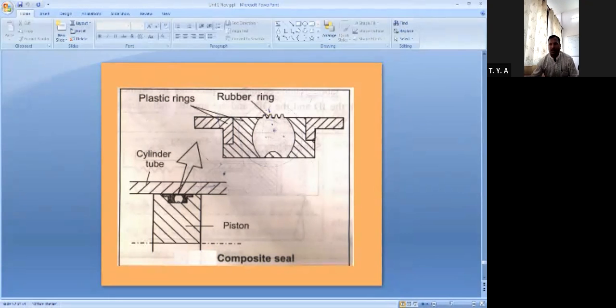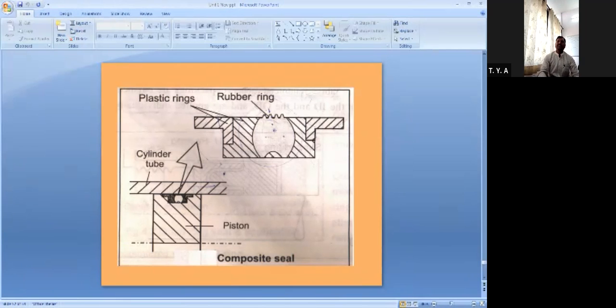You can see this is 1, 2, 3, 4. These are the 4 plastic rings. One central rubber ring and 4 adjacent plastic rings. When this complete set is assembled together, the composite seal acts as a single dynamic seal.